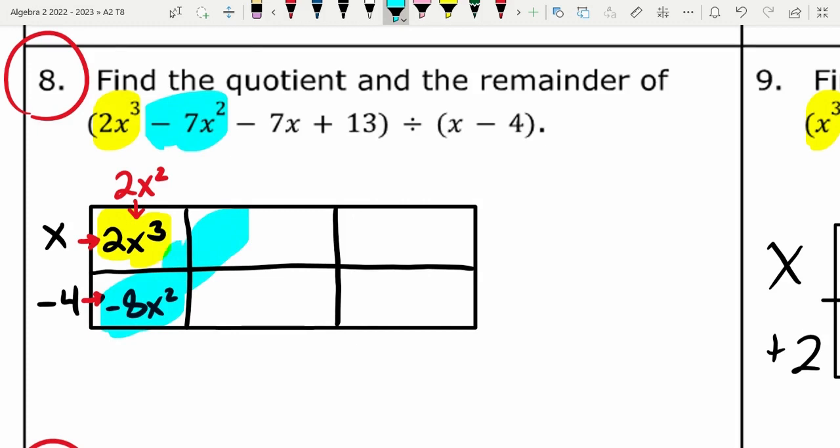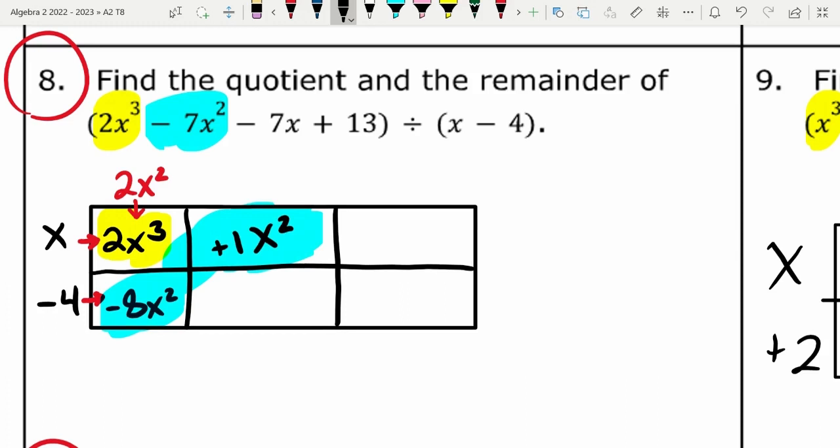That means that in this diagonal, aka in this box, whatever this is needs to add up to negative 7x squared. What plus negative 8 is negative 7? Or in other words, negative 8 plus what is negative 7? That would be a positive 1x squared. Okay, because if you combine those, you get the negative 7 that we want.